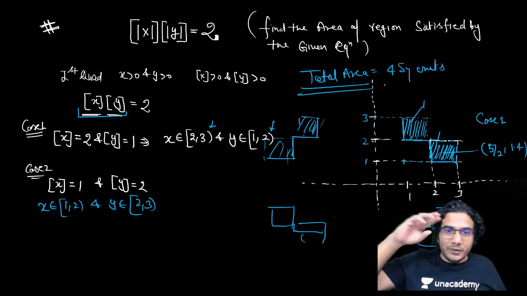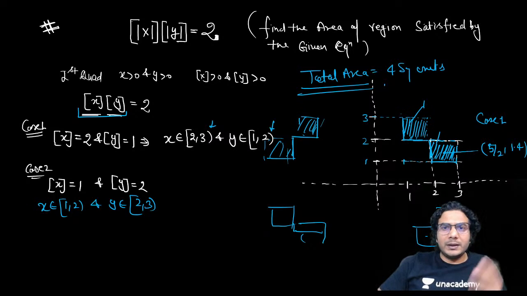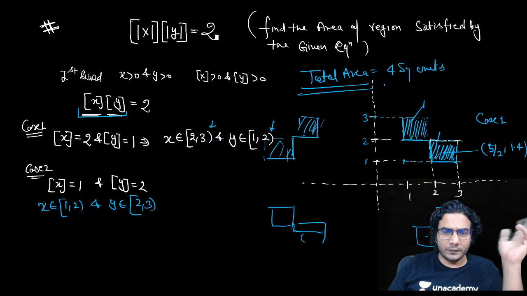So whatever number you write on the right hand side, you just find the number of positive divisors of that number. As many divisors as there are, the same number of pairs you will get whose product is equal to that number, and that many boxes you get, and then 4 times that will be the area. Every box is of one unit.